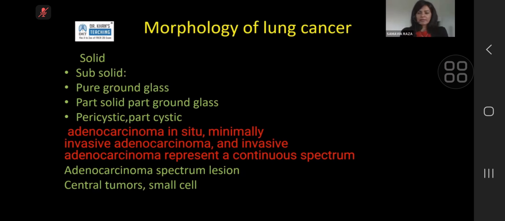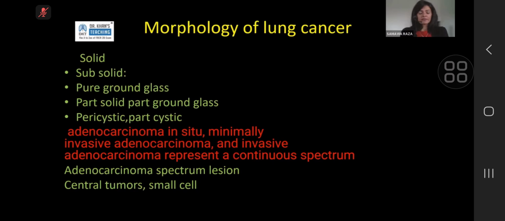But the reality and the truth is, a minimally invasive adenocarcinoma can suddenly change pattern any time, and it can suddenly become very aggressive. So what is minimally invasive today may remain minimally invasive 5 years from now, or it can suddenly change pattern in 2 years' time and become aggressive invasive adenocarcinoma with metastatic disease. That's the unfortunate truth about malignancy.